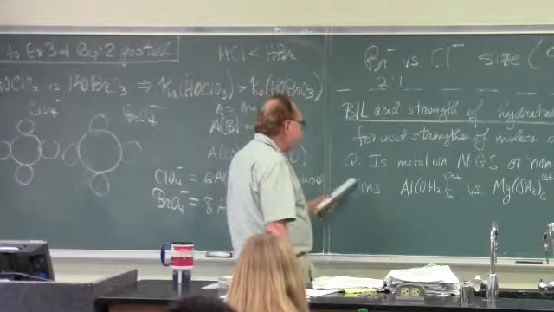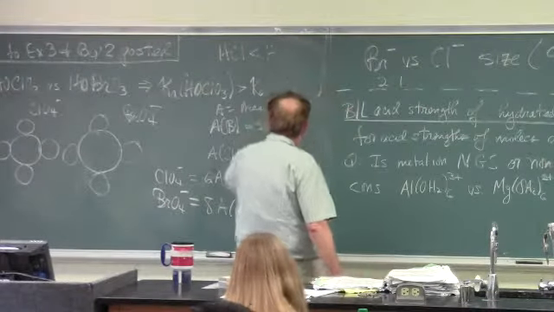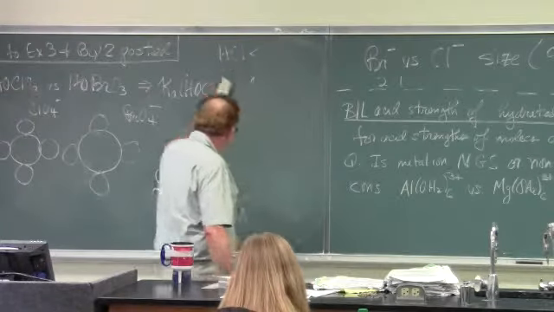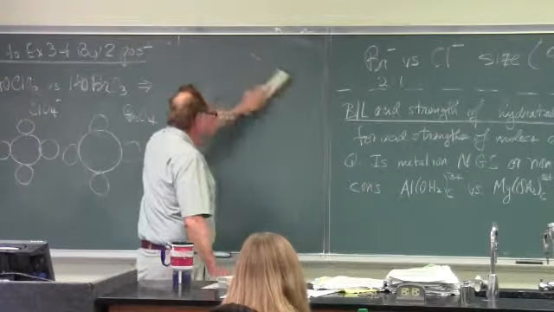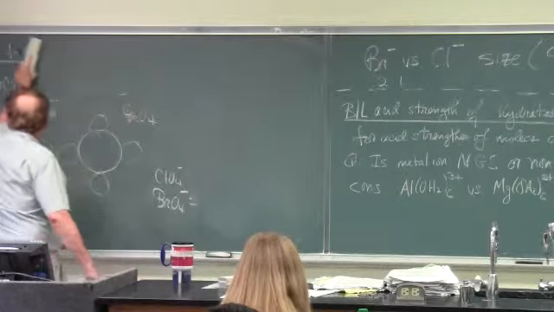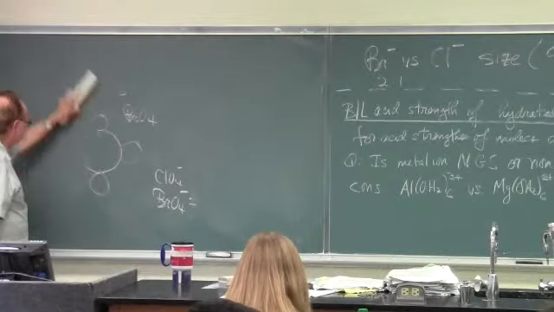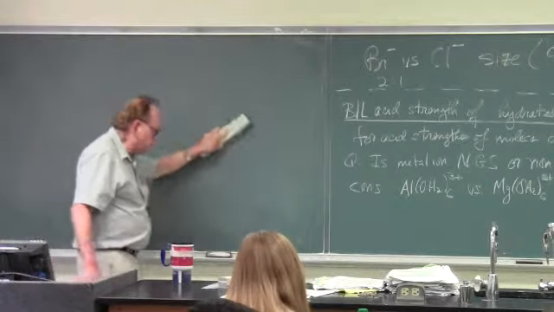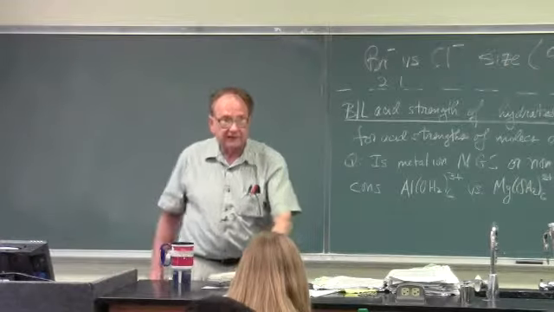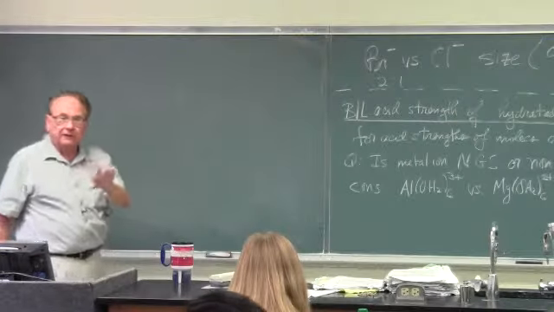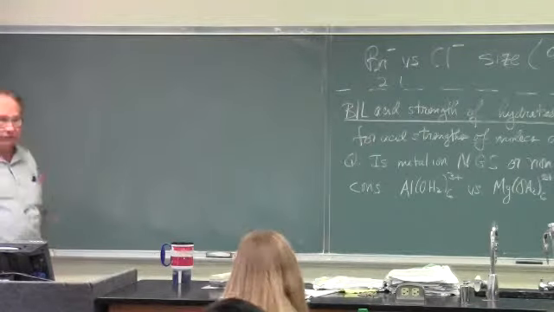To get at that, we got to first ask a question. Is the metal ion noble gas structure, or is it not noble gas structure? Well, if you, for example, look at our acid-base table, or if you reflect on stuff you've done in 46 laboratory.